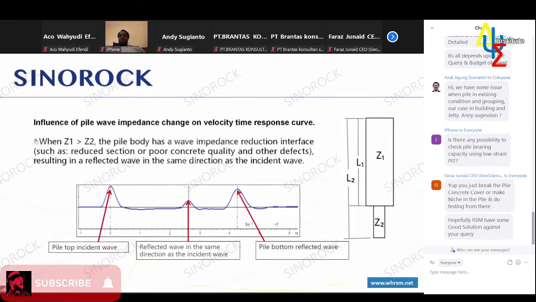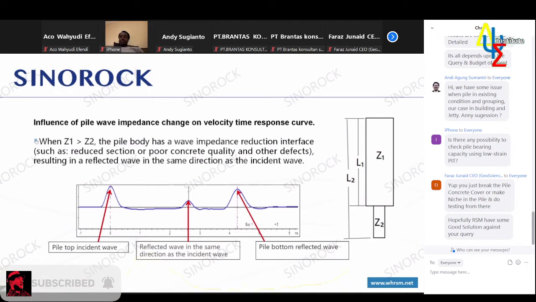If the upper wave impedance Z1 is greater than the lower wave impedance Z2, that is to say, there is an interface with reduced wave impedance in the pile body. This reduction interface is only represented by the interface on this schematic diagram. In practice, it may be segregation or mud inclusion. These represent changes in wave impedance. So what can we see on the measured curve?